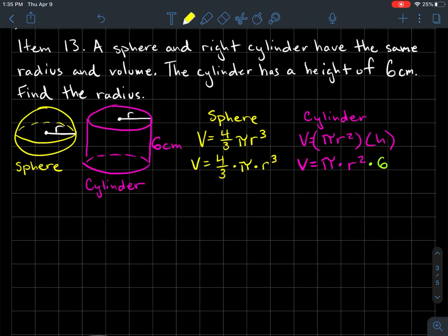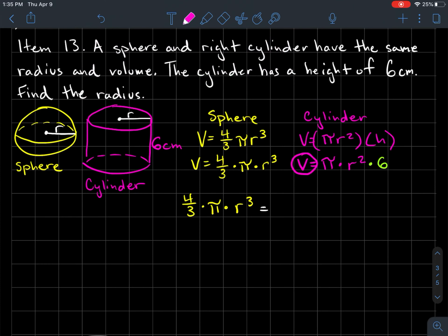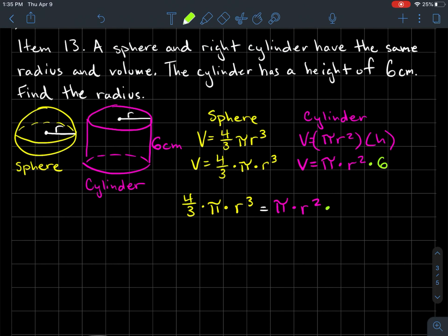Without including the volume, I'm just going to write 4/3 times pi times radius cubed, and I'm going to set it equal to, instead of including the V here for volume of a cylinder, I'm just going to write out the remaining part of the equation. Pi times radius squared times our key ingredient here, the height of 6.